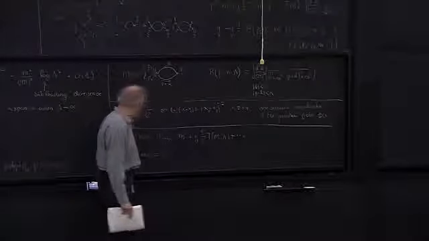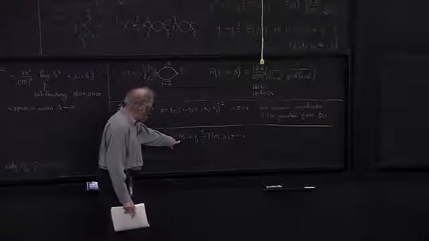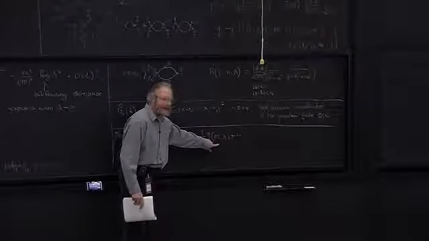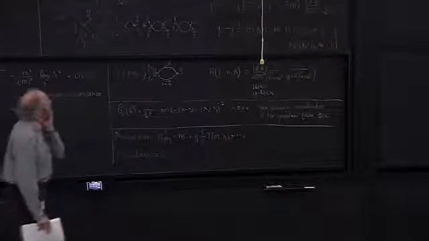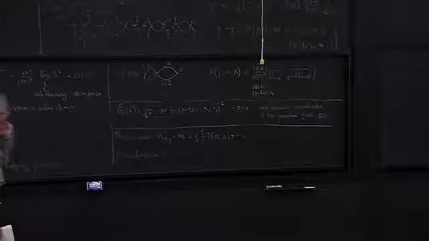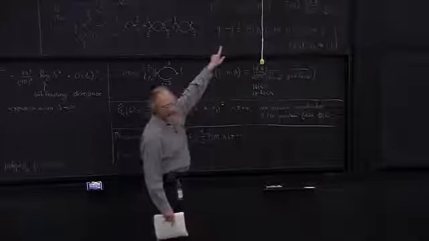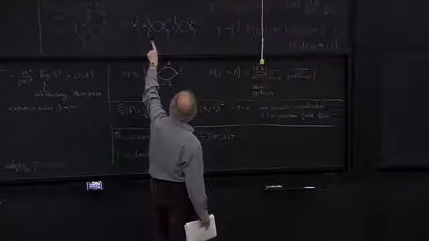then this plus this has to be equal to 0. So this means that we must introduce in the action what's called a counter term.